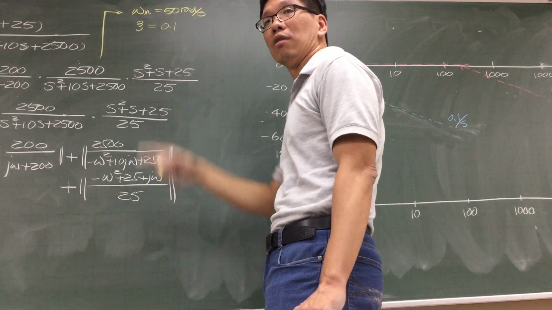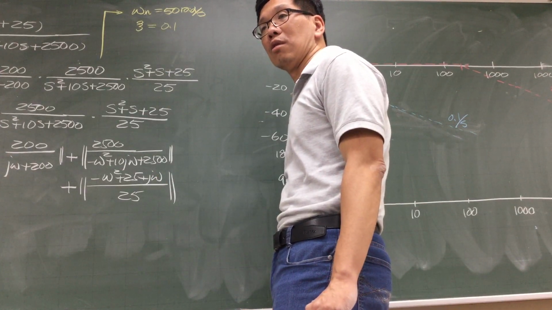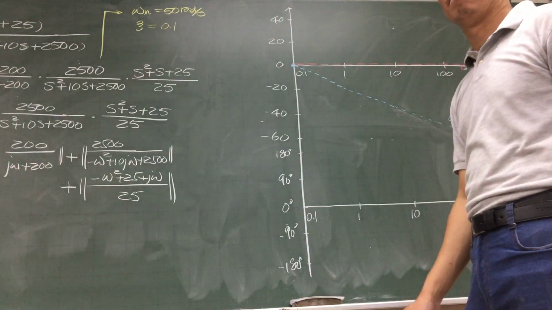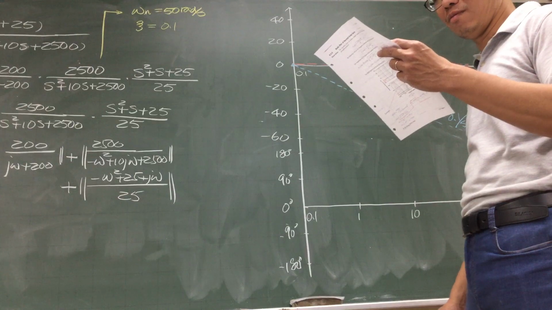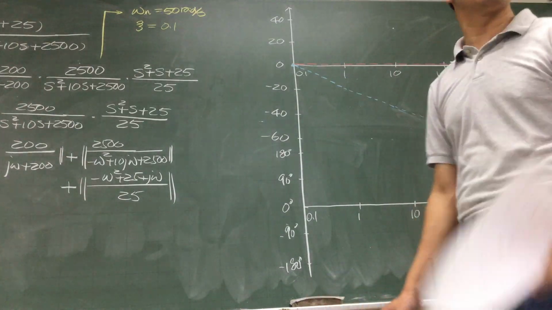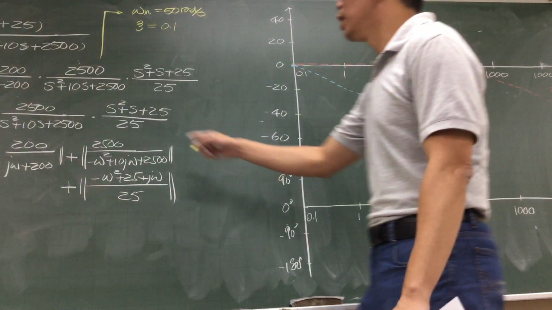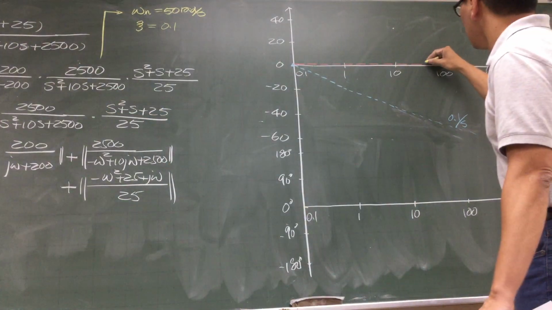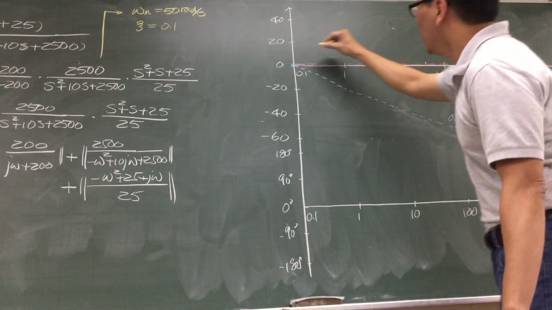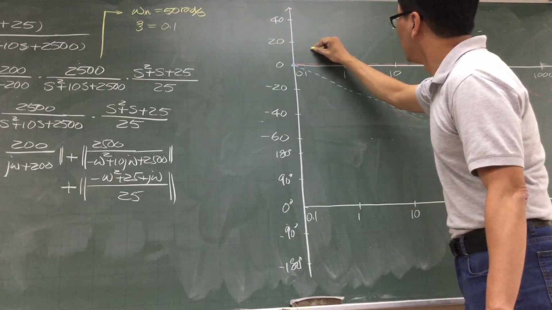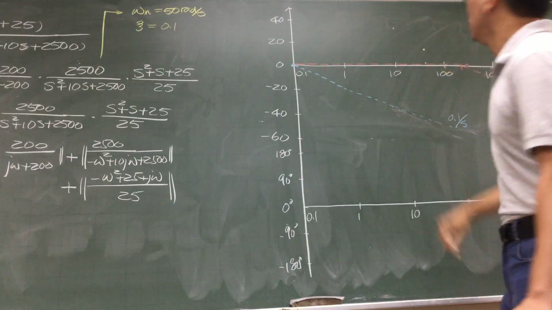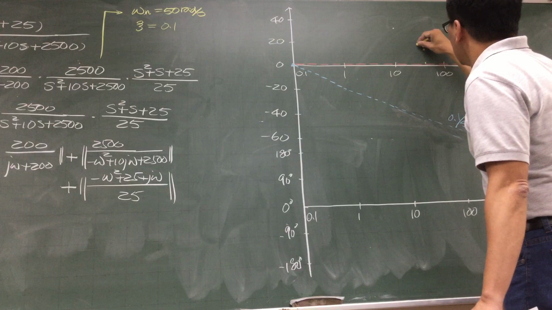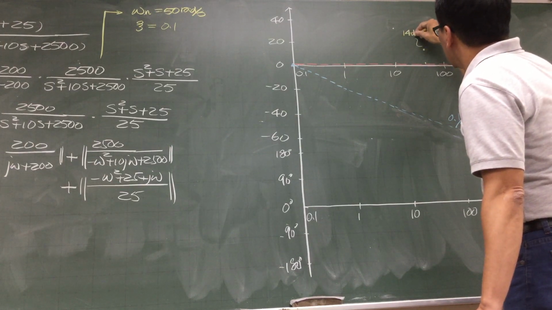I think I wrote it down previously. It's 14 dB. So when you have your frequency at 50, which is around here, I have around 14 dB as the peak.